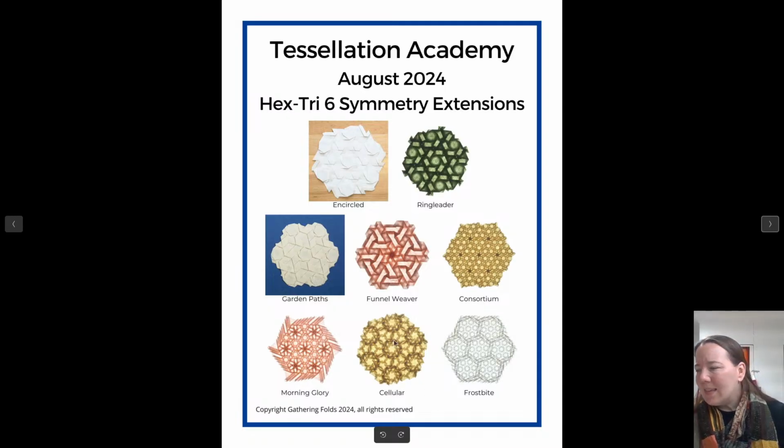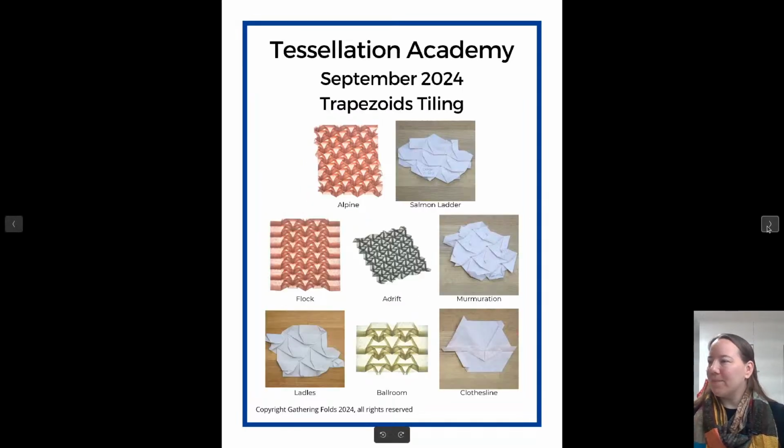So these guys, Cellular and Frostbite, are using a lot of hybrid hexagon twists to get things in place. And in the case of Cellular, there's a lot of flagstone stuff going on that makes it a really cool pattern to look at and to fold.